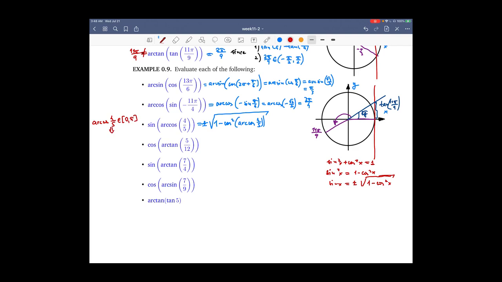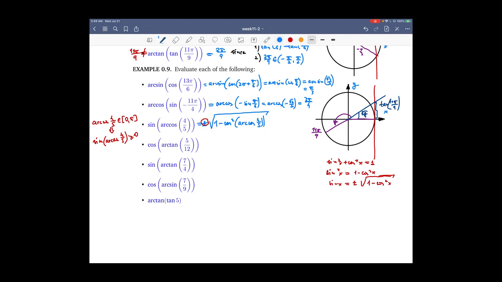And sine of anything in the first quadrant or second quadrant is always non-negative. So the answer better be a positive number. So therefore it has to be positive square root.